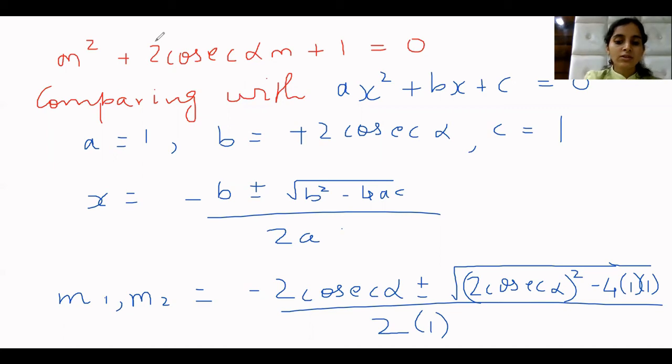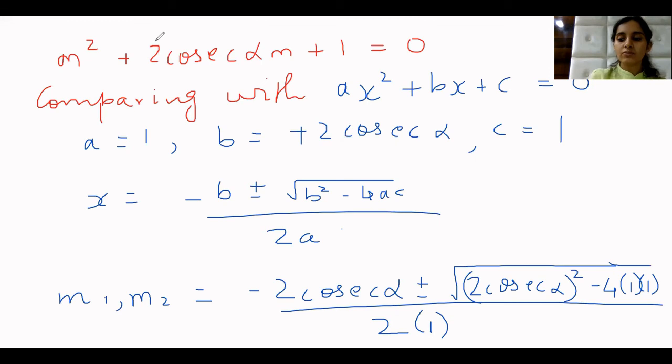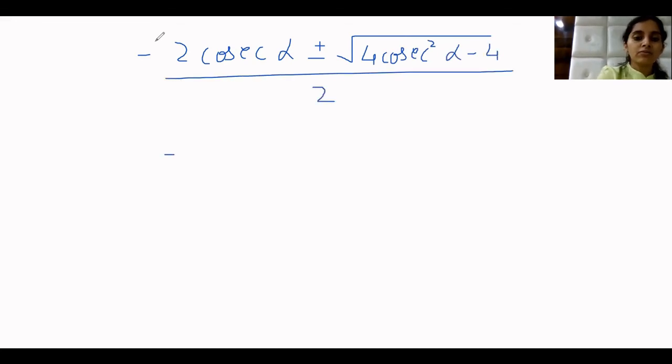Okay, so what are the roots that we are getting? We get 2 cosec alpha plus minus under root of 4 cosec square alpha minus 4, divided by 2.